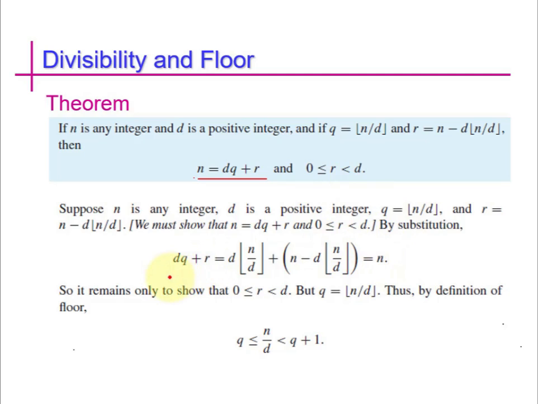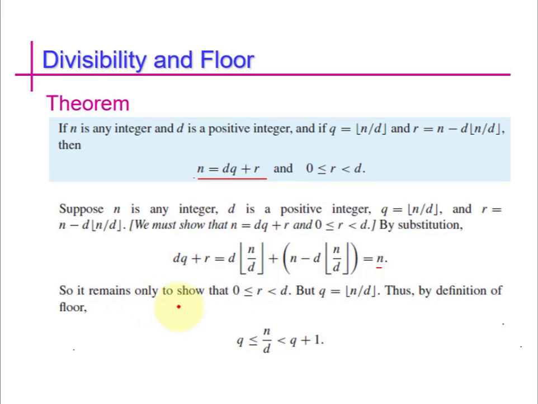So we substitute the values of q and r into dq plus r: q is equal to floor of n over d, plus for r we have n minus d times floor of n over d, and by solving this and cancelling we get n.